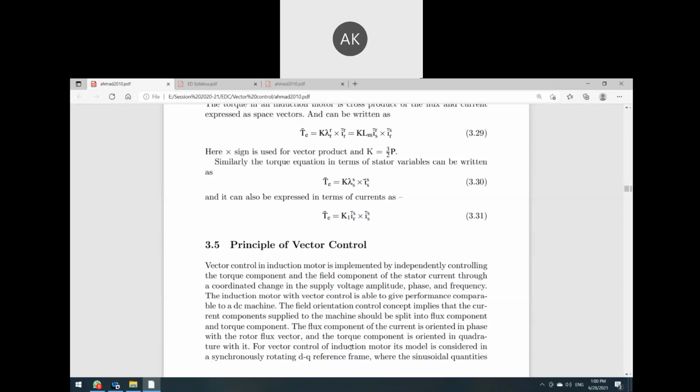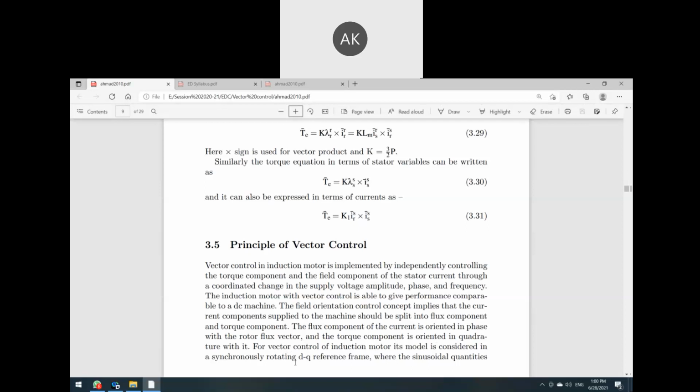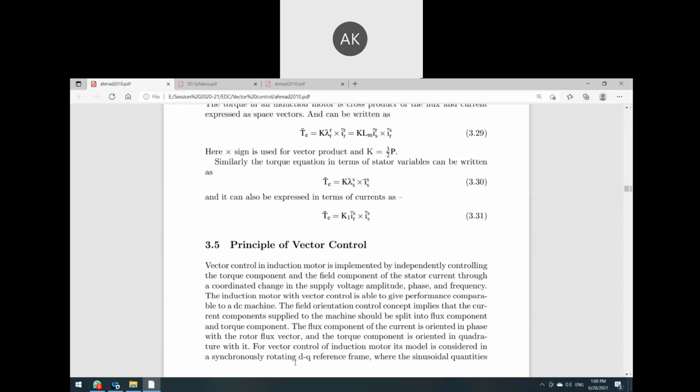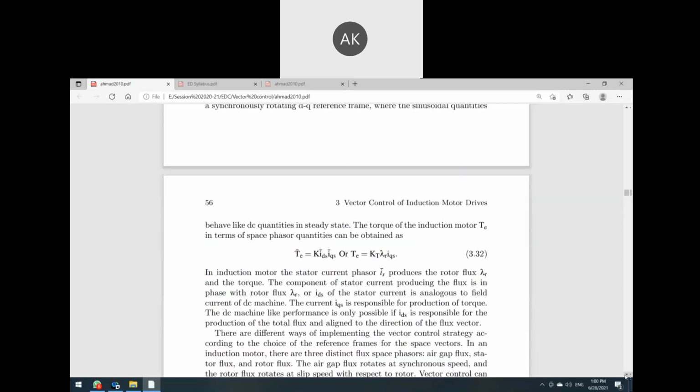Basically, for vector control of an induction motor, we consider the dq reference frame. The d-axis and q-axis quantities are responsible for flux control and torque control, where the sinusoidal quantities behave like DC quantities in steady state.